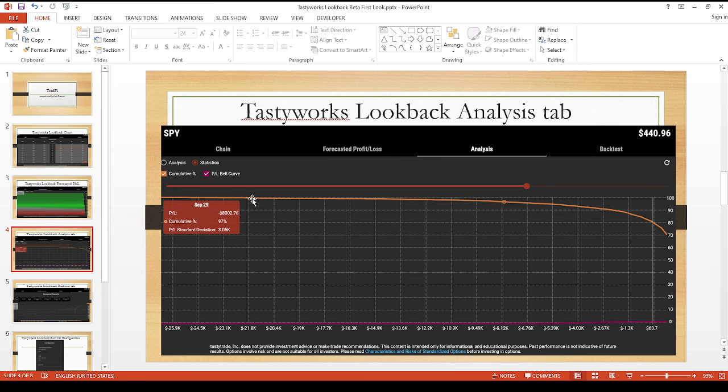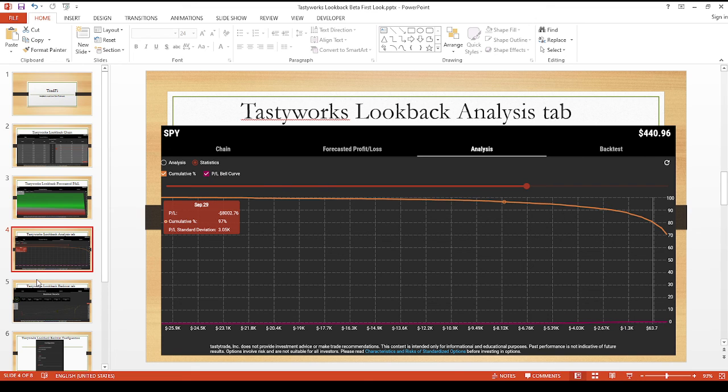You can mouse through the different months and see how much profit or loss you might experience throughout the life of the option. Again, I'm hoping in a following segment they'll explain this in more detail.